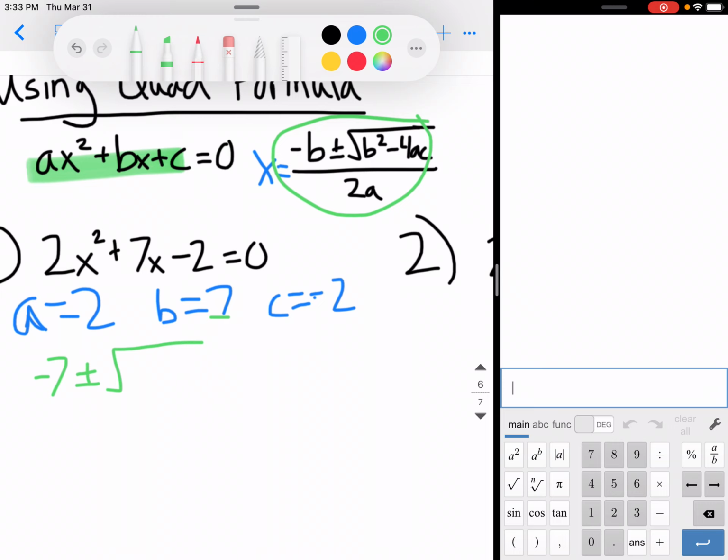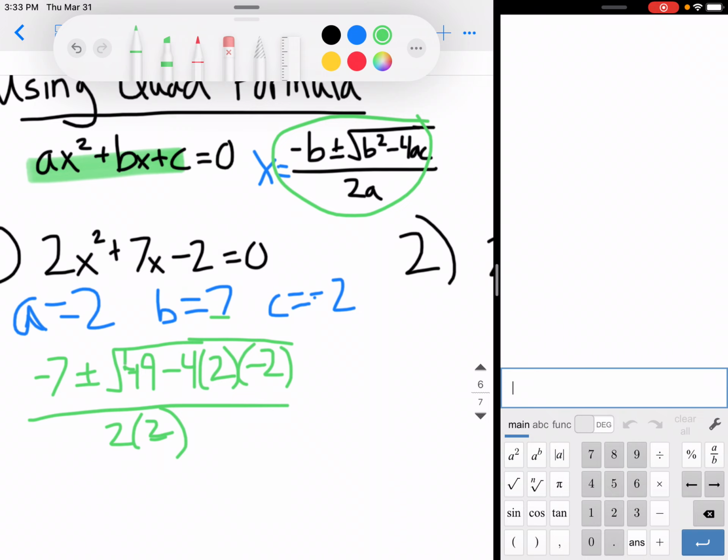So b is 7, so b squared is going to be 49, minus 4 times my a value, which is 2, times my c value, which is -2, all over 2 times my a value, which is 2.